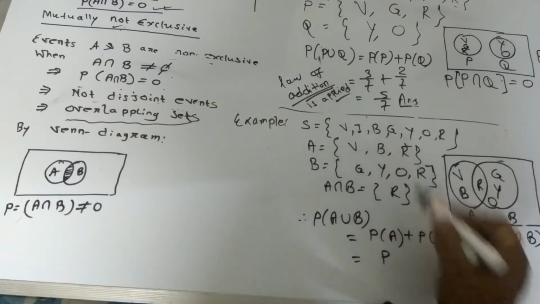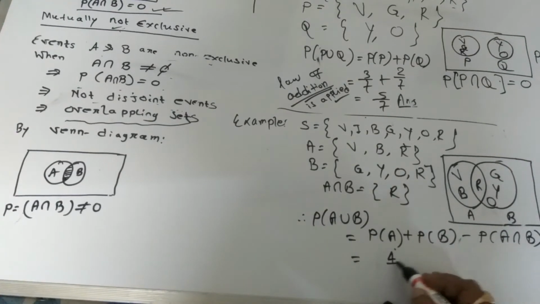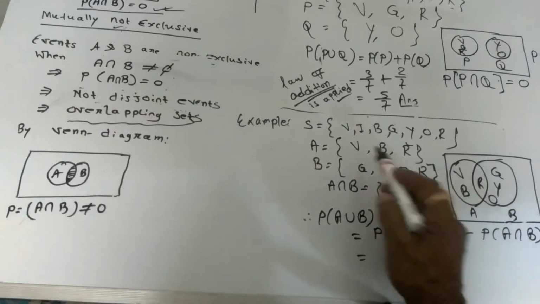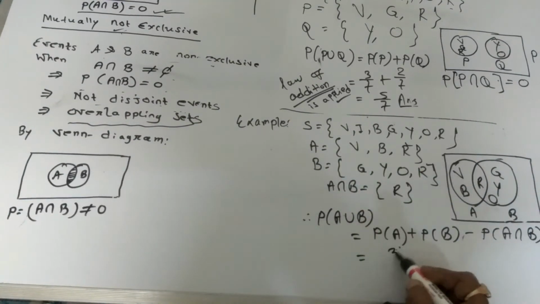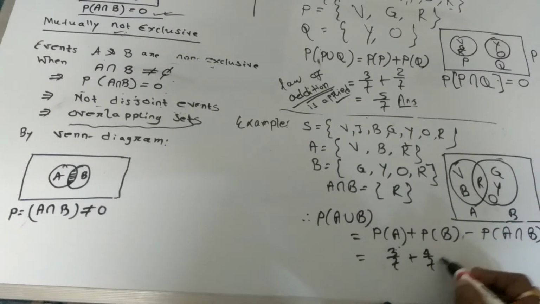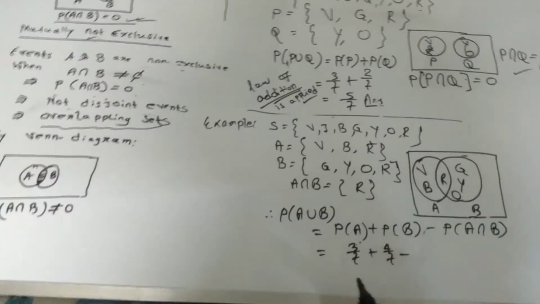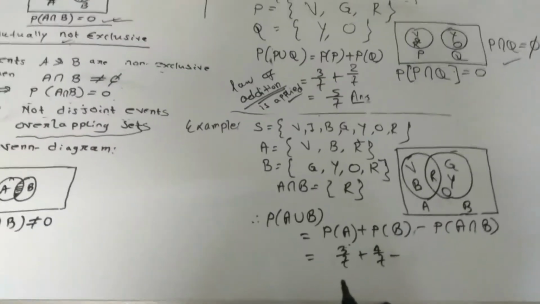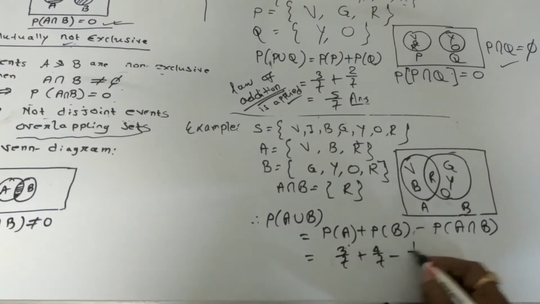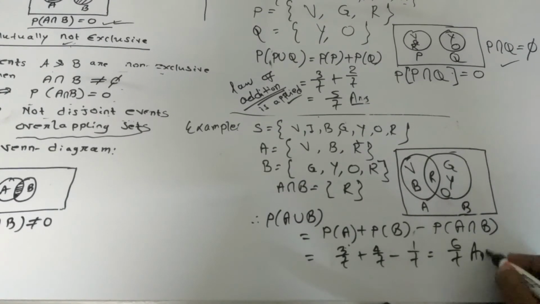So probability of A is 3 upon 7 plus 4 upon 7 minus 1 upon 7. So 6 by 7 is the answer.